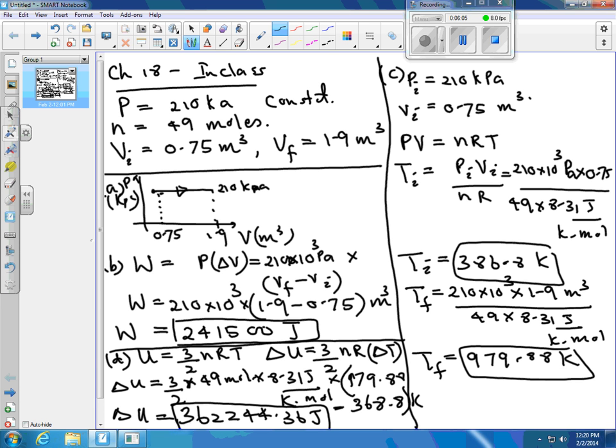Now the last part, as part E, is how much heat was added to the gas.